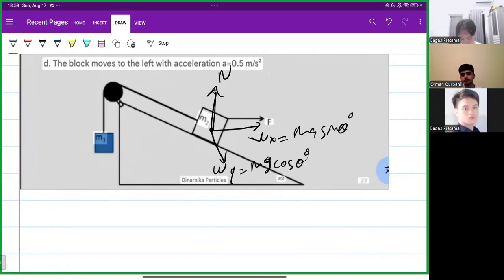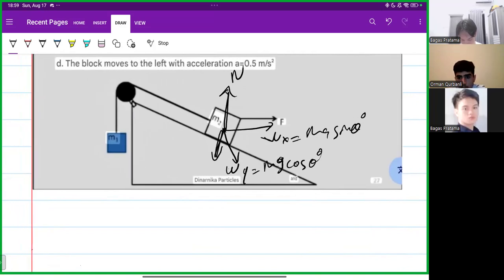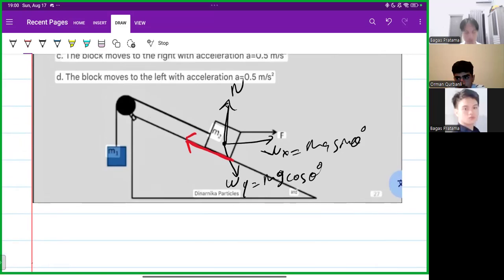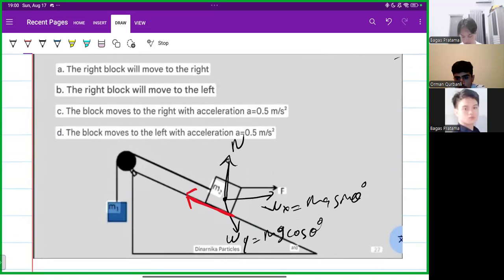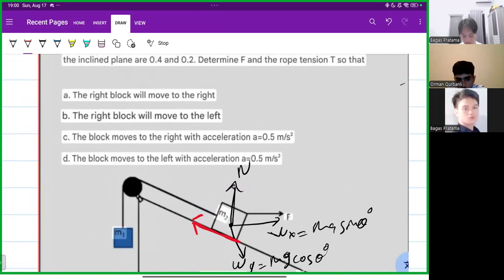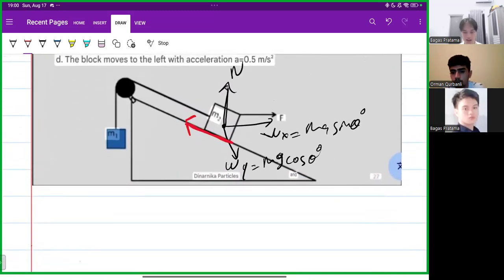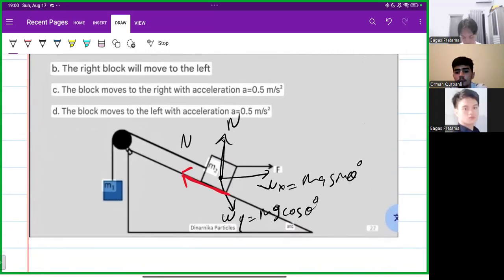And in here, we have the friction. Because the block is staying smooth, it doesn't have any acceleration. We assume that we're using mu s, it's static.